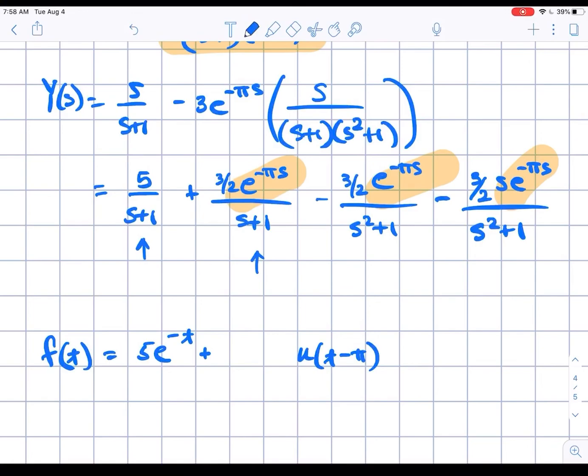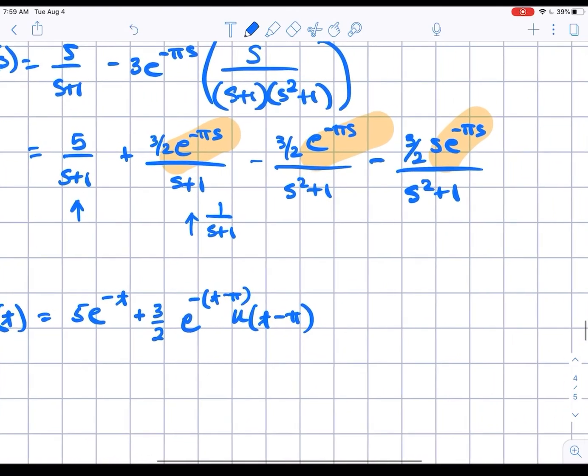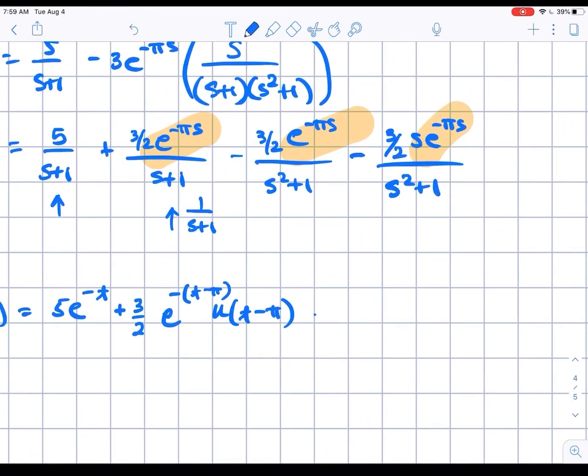Now the 3/2 is going to stay, but just think of it as 1 over s plus 1, and we know that would be e to the negative t. But because there's a u attached to that e to the negative pi s, we are going to write it as e raised to the negative t minus pi, just like that. Okay, same idea here. I'm going to have minus 3/2, and then I know my unit step function will be in there as well.